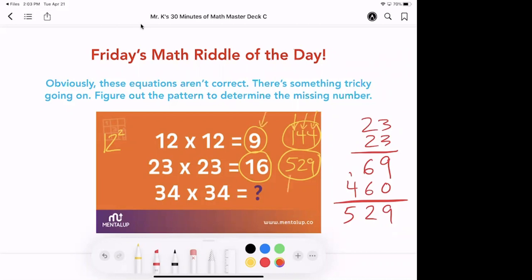Similarly, if you add up 5 and 2, that's 7, plus 9 more, that gives you 16. So what should go where the question mark is? 34 times 34. Why don't you go ahead, take a second to figure it out and let me know what you get. Let me give you a little bit of music.